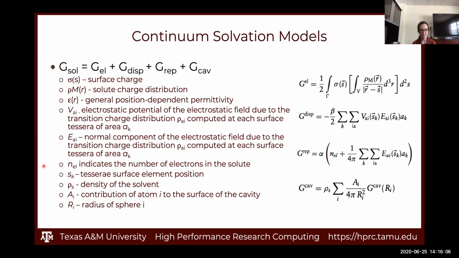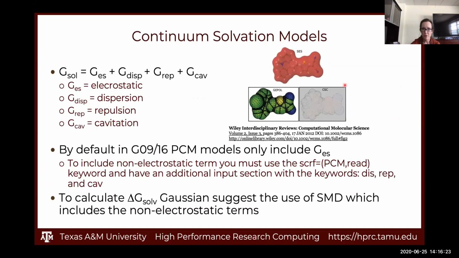Okay, so we're not going to go in this in detail, but I wanted to point out a couple of things here. These are all the terms that go into the electrostatic and the dispersion, the repulsion, and the cavitation term. Okay, and these depend on the surface that is generated, this solvent accessible surface, which I showed here.